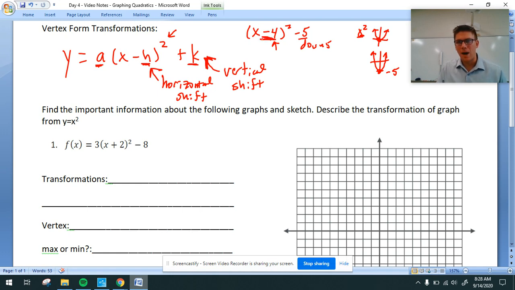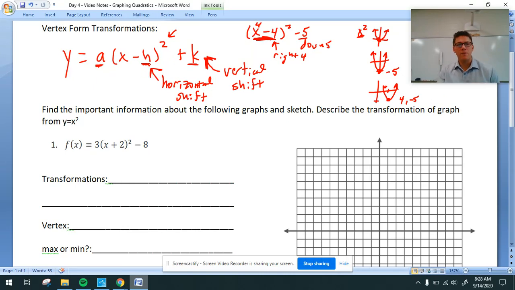Like if I plugged in a +4 for x right here, 4 minus 4 is 0, so it moves it to the right 4. So we know that this is going to move it opposite of what we would think, right 4 spots. So now the vertex is down 5, right 4. It's actually right here at the point (4, -5).